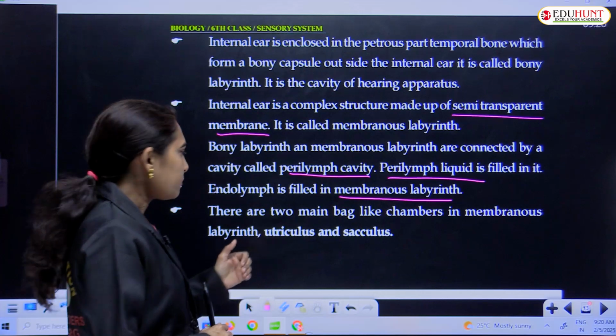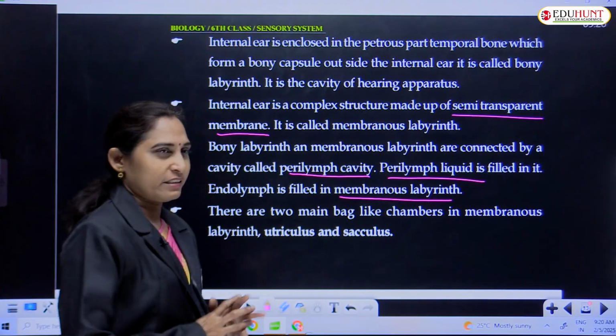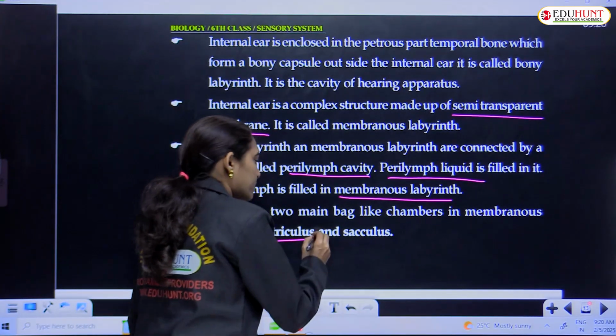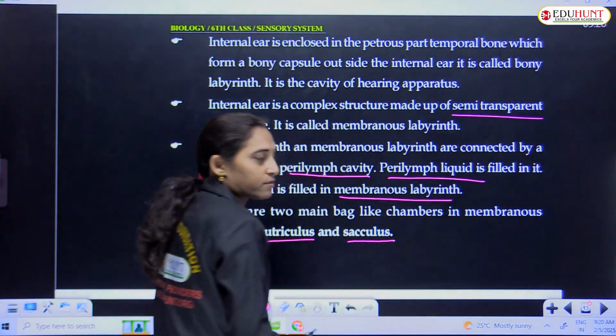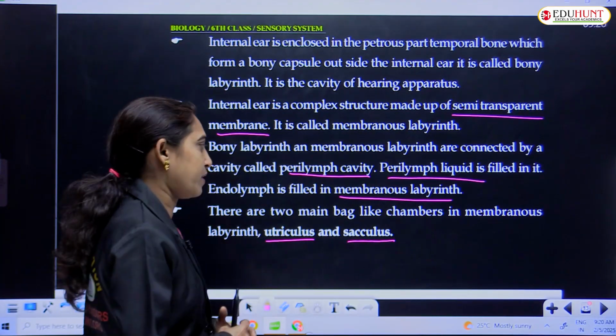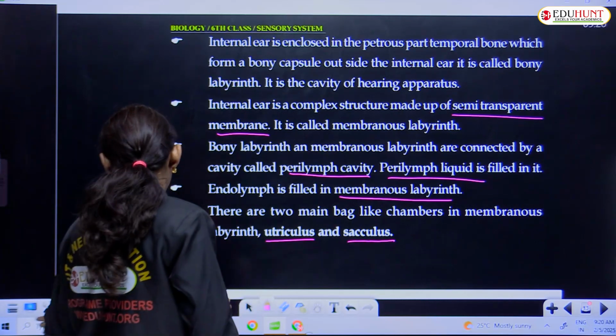And then there are 2 main bag-like structures or chambers in membranous labyrinth called utriculus and sacculus. These 2 are sac-like or bag-like structures present in the membranous labyrinth.